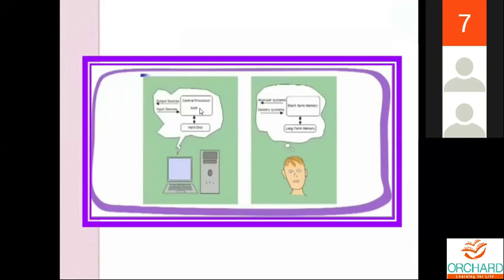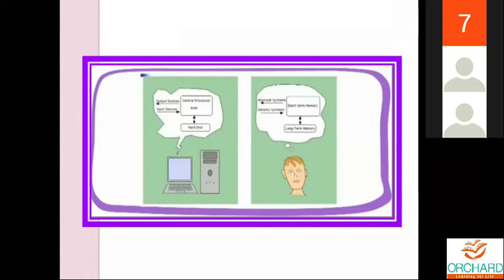For example, the computer is similar to the human, because few data we can remember throughout life, but few data we cannot remember like that, right? Our mother's name and all we can remember throughout life, but few data we cannot remember like that, no? In the same way, the computer always has two types of memories: long-term memory and short-term memory.